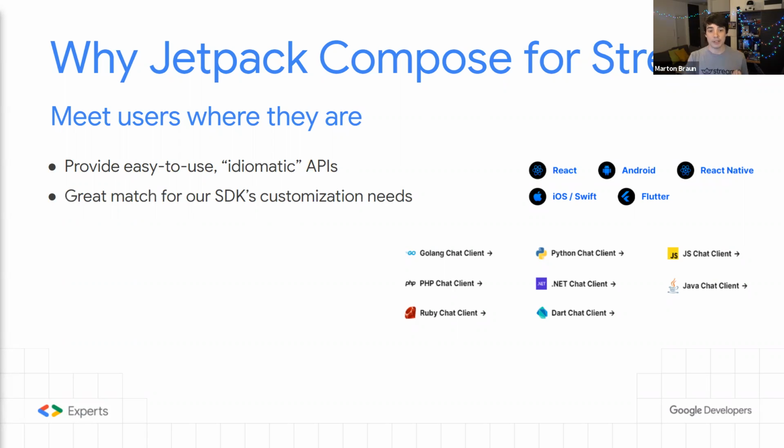And Compose can help us here greatly. Specifically, its support for theming and the slot APIs that it can provide us are something that are really trivial to do in Compose and super important for our customers. And these were very difficult and in some cases just impossible to be this flexible using the XML-based and view-based UI toolkit.